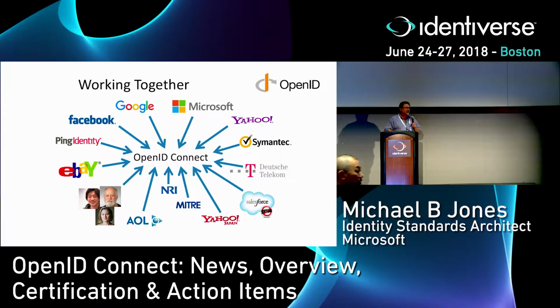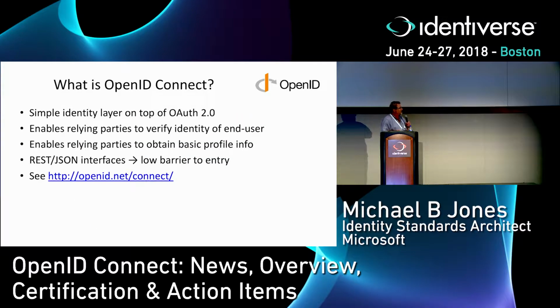So a little background. OpenID Connect is a standard that was developed in close collaboration with a whole bunch of different individuals and companies over the years. The first versions finished in 2014, and they've been in pretty widespread deployment today. So what is OpenID Connect?